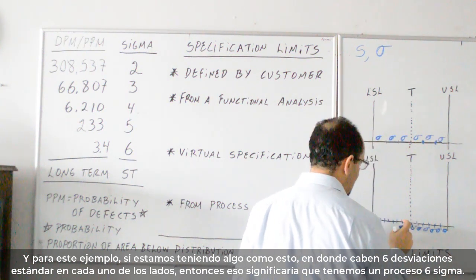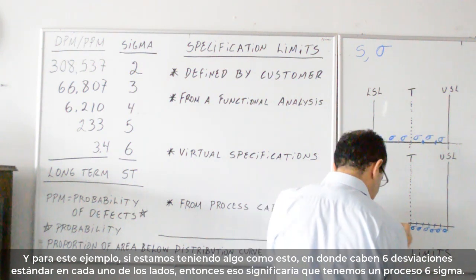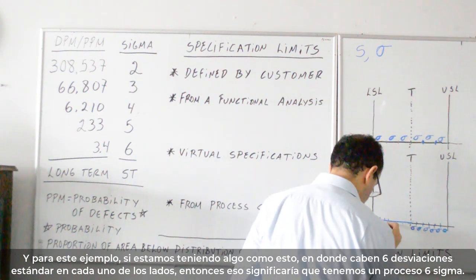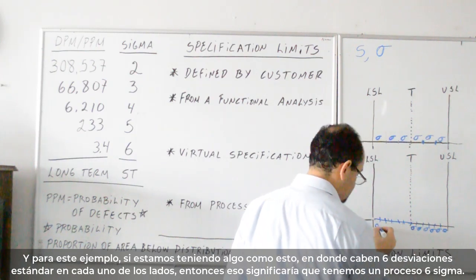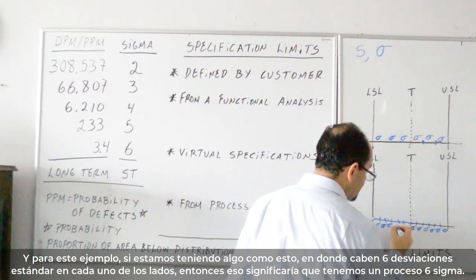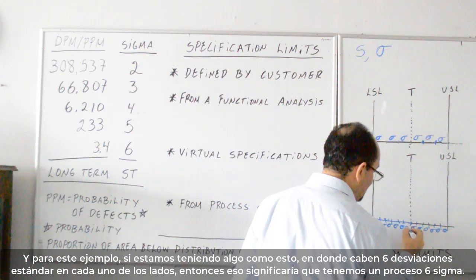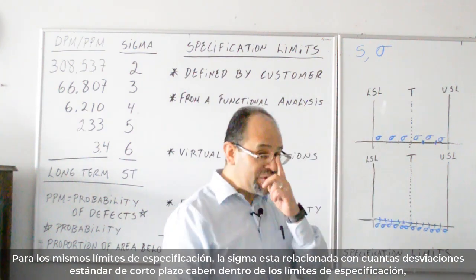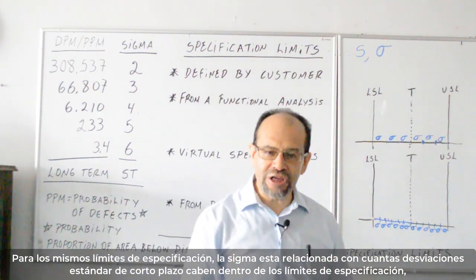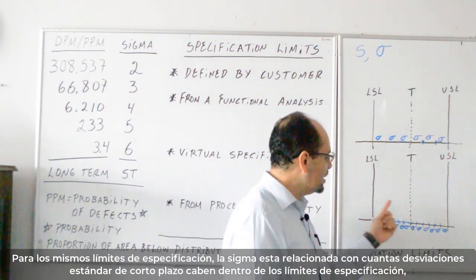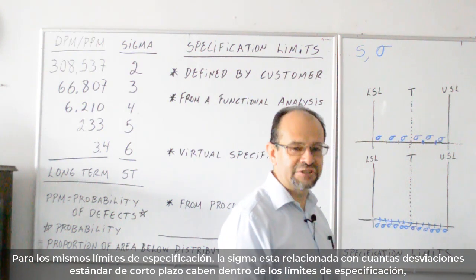And same thing here: 1, 2, 3, 4, 5, 6 standard deviations fit in there, then that means that we are having a Six Sigma process. For the same specification limits, the sigma is related to how many short-term standard deviations fit inside the specification limits.